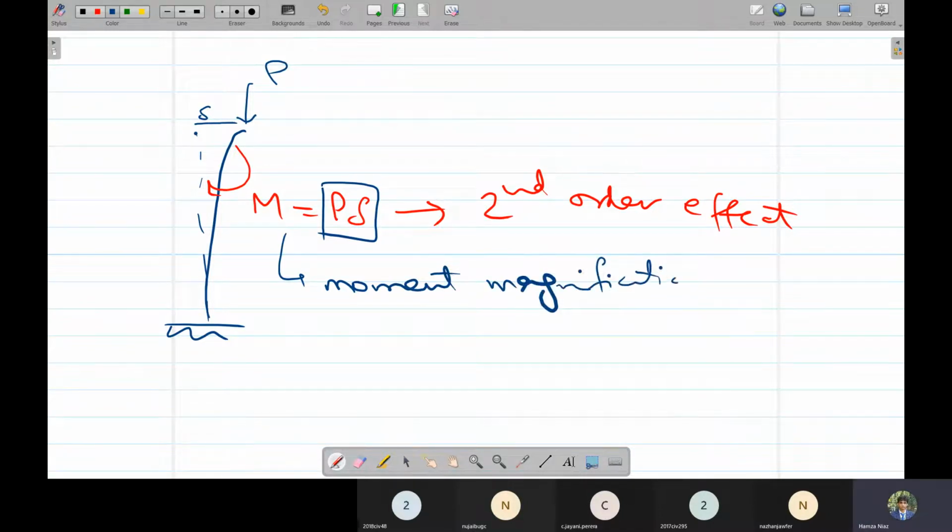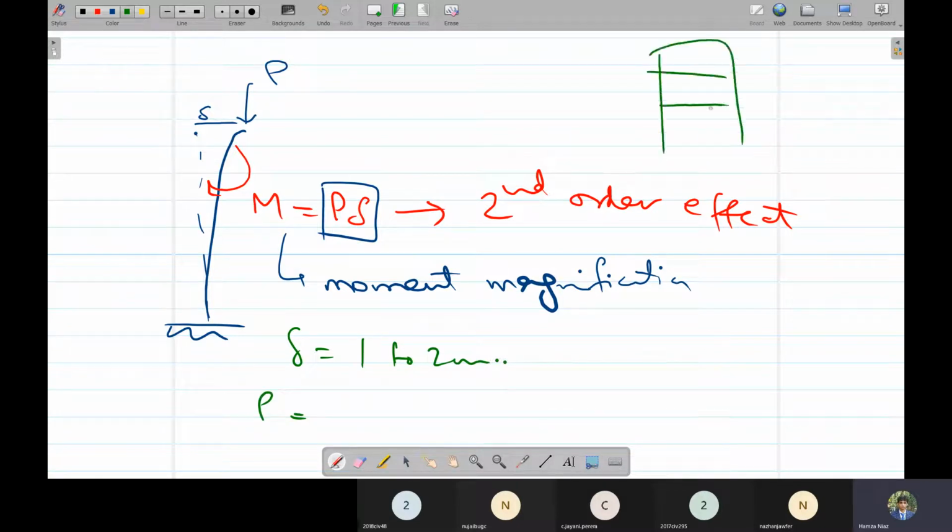Why? Because even if the deflection is like 1 or 2 mm, a very small deflection, the load on the column is very high. For example, in a 10-story building, all the load from all the stories is coming on this one column.